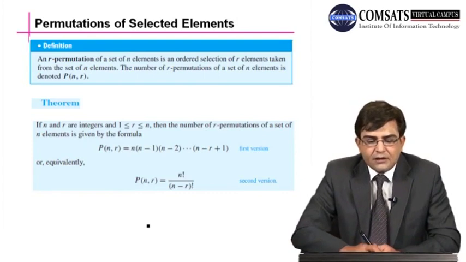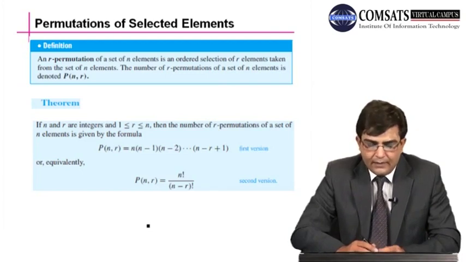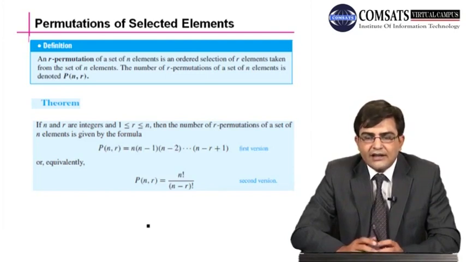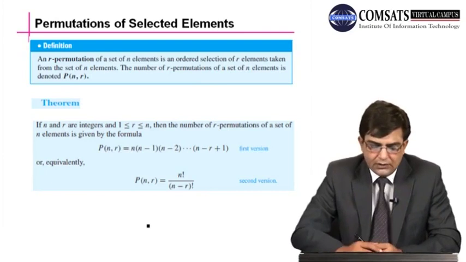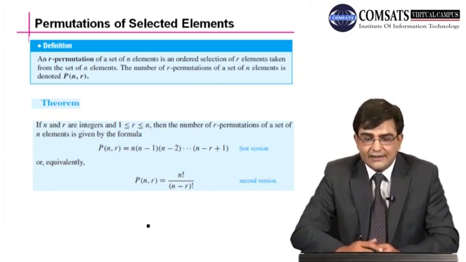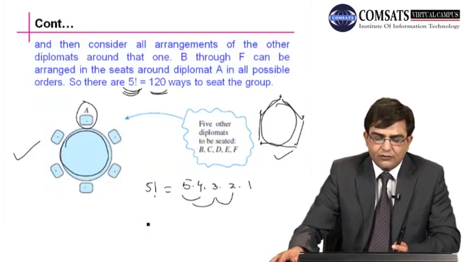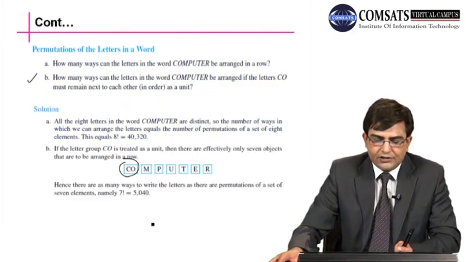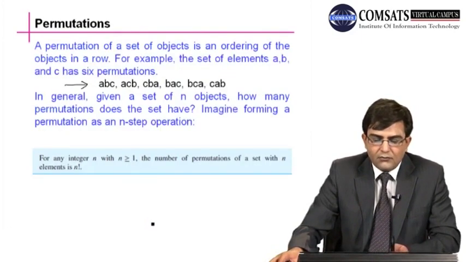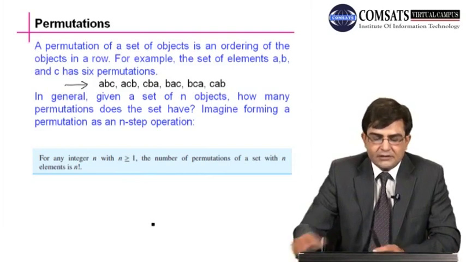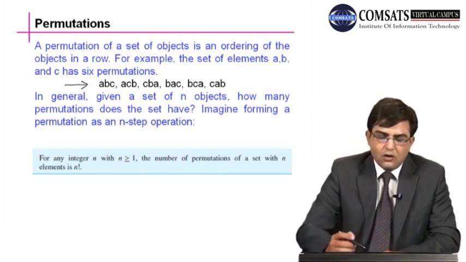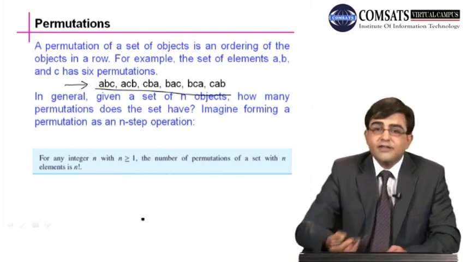Now the permutations of selected elements. In the previous topic we have discussed permutations. Permutations are basically the arrangements of all elements out of a set. For example, in the previous example we supposed: what is the number of permutations or arrangements of 3 elements out of 3 elements?